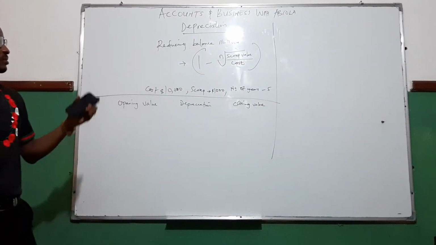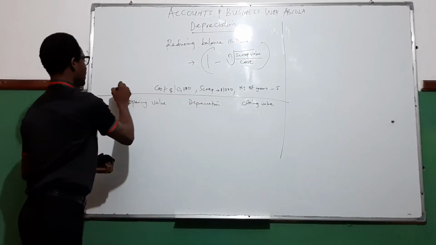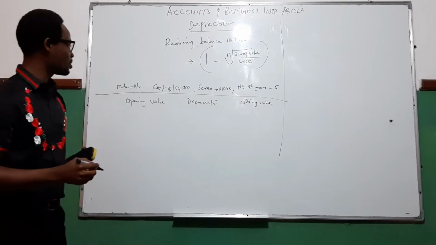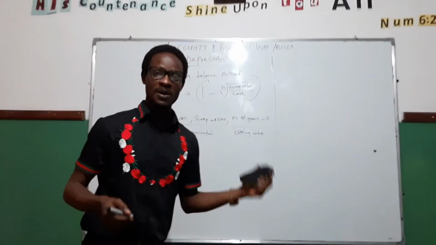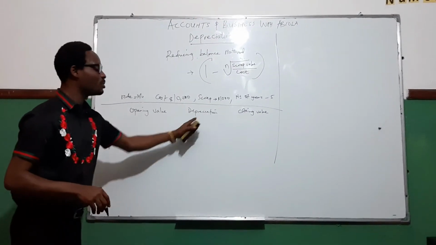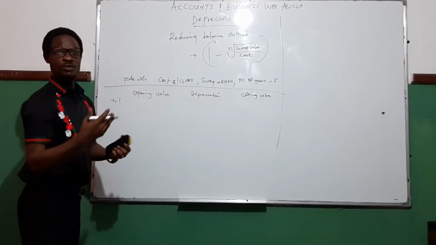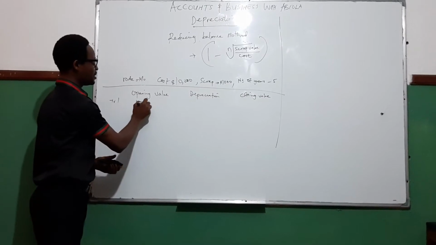In the question we use a rate of 10%. If we use this question to prepare the depreciation schedule for these assets using the reducing balance method, this is how we calculate the depreciation. For year 1, the opening value or the purchase cost is $10,000.